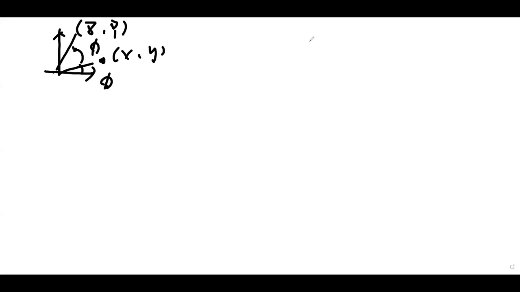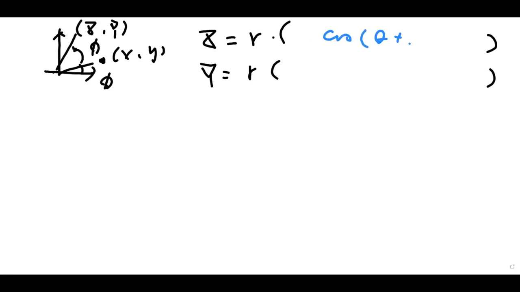So here we already proved that your new X will be equal to r times something, and your new Y will also equal r times something. This something is actually very easy: cosine of theta plus phi, and this something here is sine of theta plus phi.